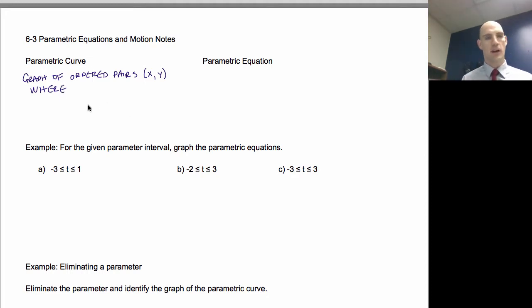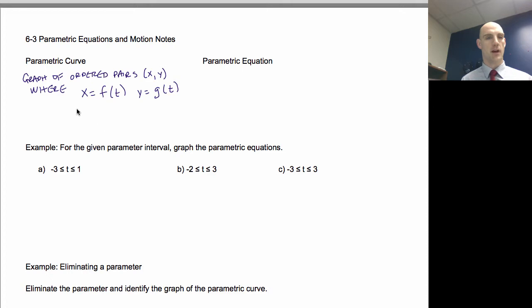So for example, x is going to be equal to f of t, and y is going to be equal to g of t. So x is going to be defined by an equation in terms of t. y is going to be defined by an equation in terms of t.